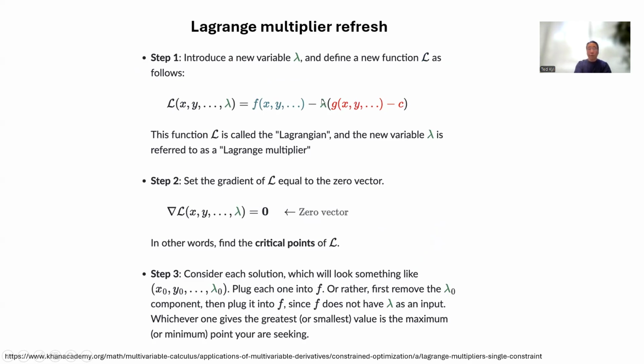When g of your inputs equals c, this expression is 0, and it doesn't matter what your lambda is. When it's 1 away from c, if lambda is 100, then your penalty is 100. If lambda is 1,000,000, then your penalty is 1,000,000. So this is our Lagrangian.